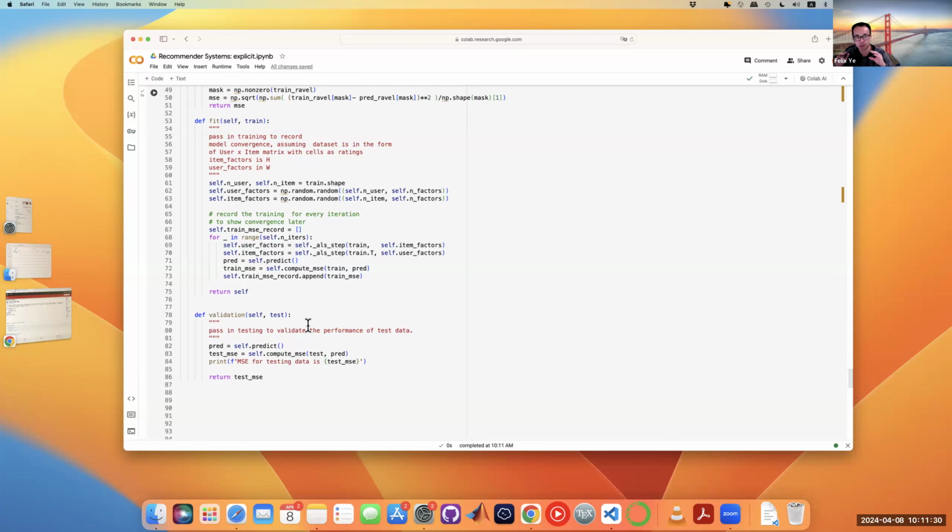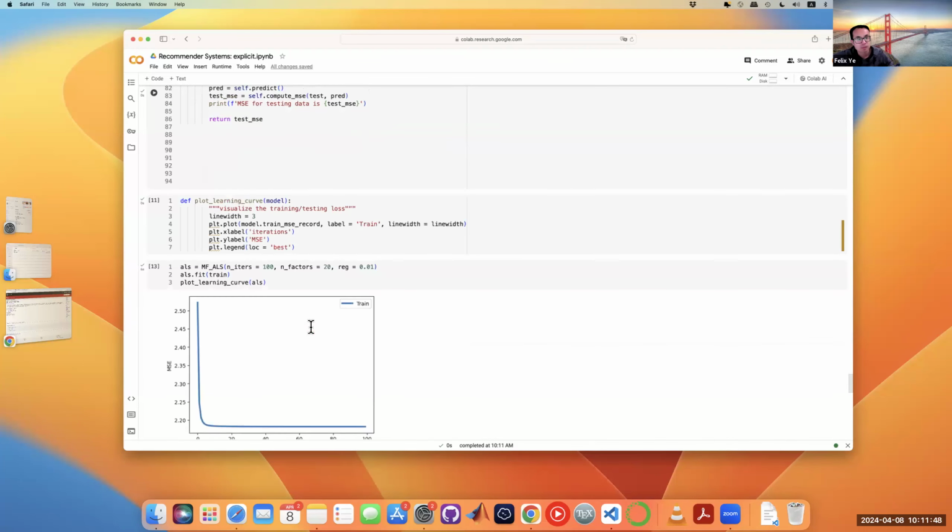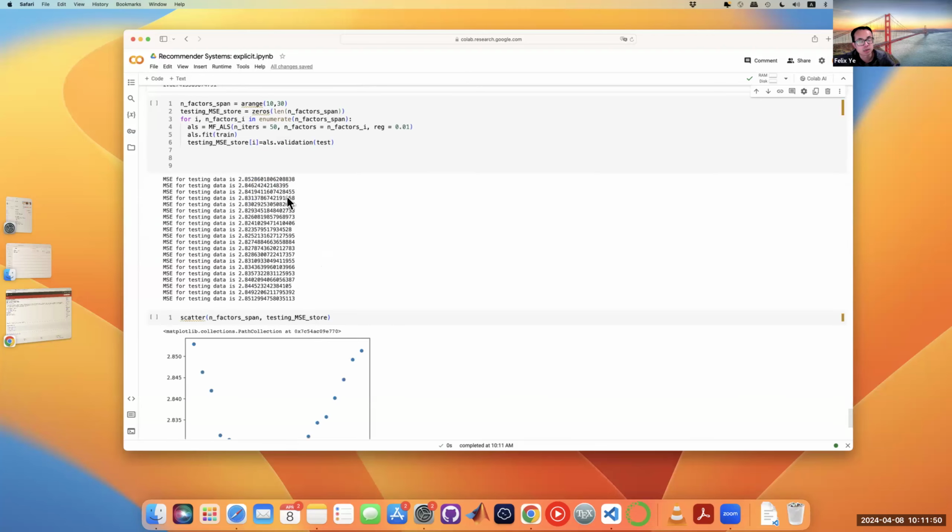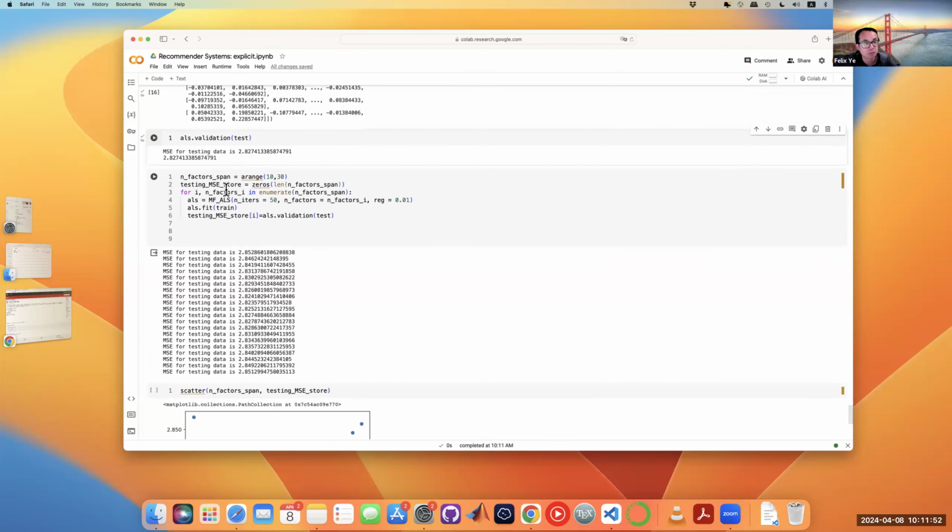I make my prediction and compare those non-zero entries in the testing set to see how well the model predicts data it hasn't seen. So that's what we are doing here.